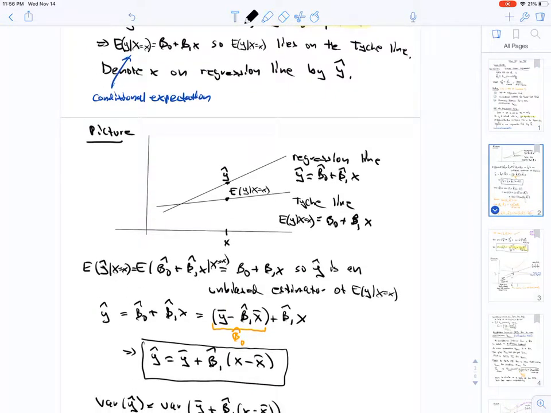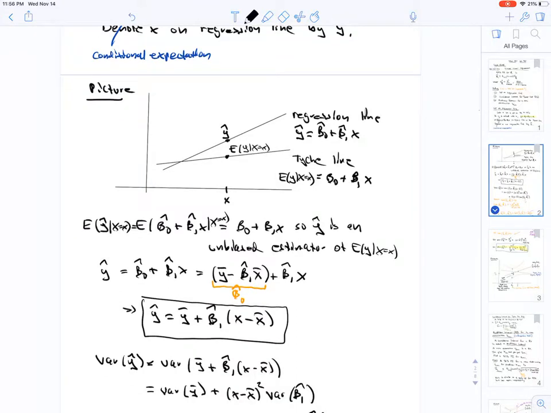And so a picture is as shown here. We have the Tyche line and the regression line both above x, and we can see here by taking the conditional expectation of y hat that we get the Tyche line.